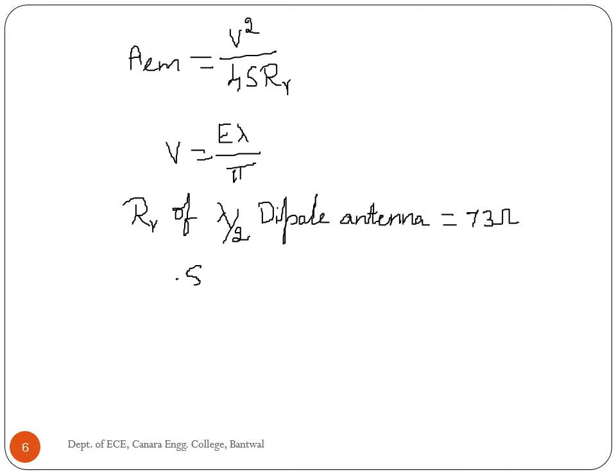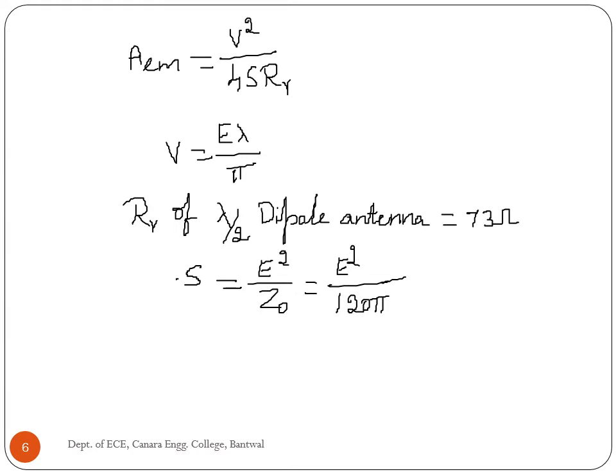And what is the Poynting vector? Poynting vector is equal to E square divided by intrinsic impedance, that is E square divided by 120 pi.